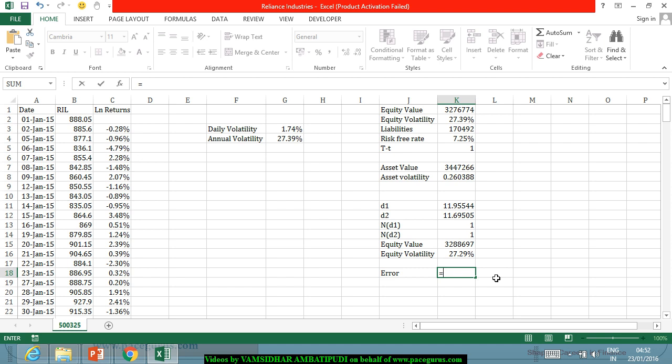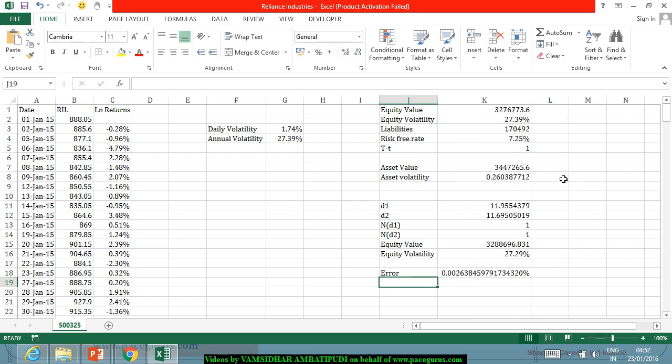The error that I am trying to compute is the ratio of the formula-computed value to the actual observed value, minus 1, squared. This is for the value. Similarly for the volatility also I am taking the squared error: this divided by this, minus 1, squared. So let me make it.